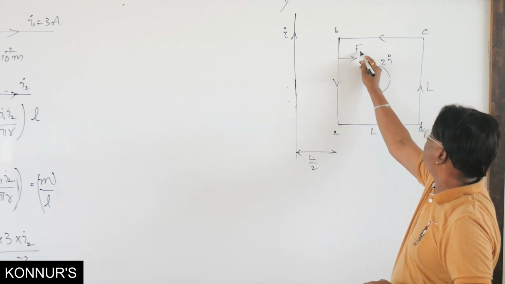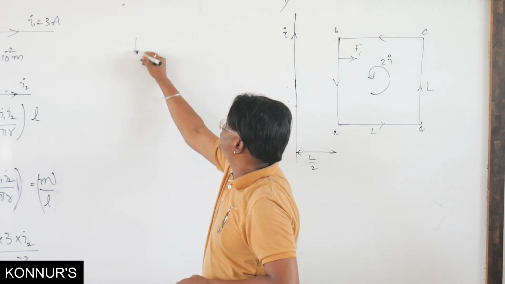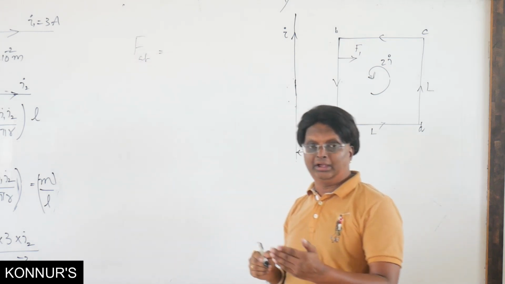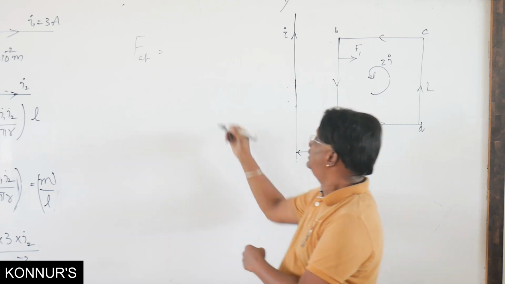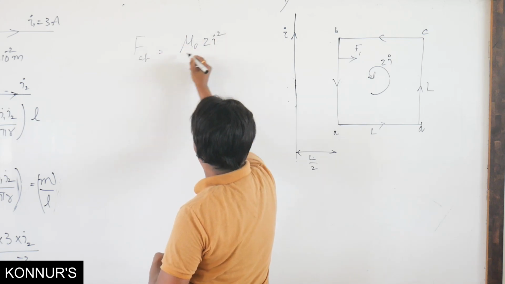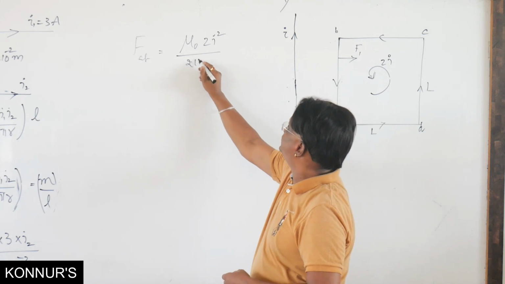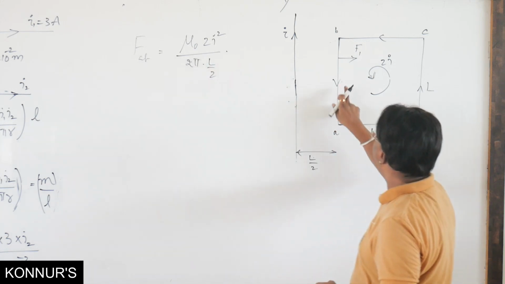I will write this as F1, which is on this AB. So force on AB is equal to mu naught I1 I2 by 2 pi r. This is force per unit length only I am writing. Therefore, this is mu naught, I1 I2 means 2I square, and what is the distance between them? L by 2. Therefore, this is 2 pi times L by 2 into, what is the length of the conductor now?